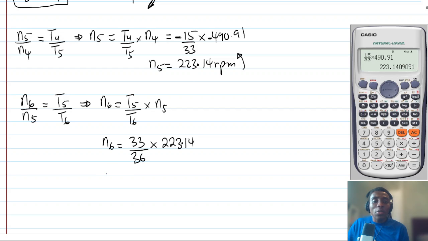All right. So N6 is going to be 33 divided by 36 multiplied by 223.14, and that's 204.55 RPM.